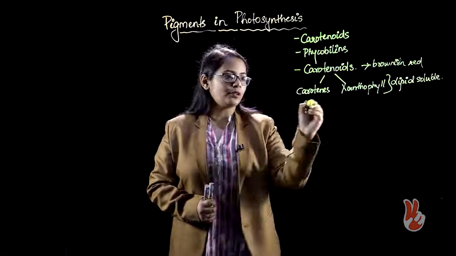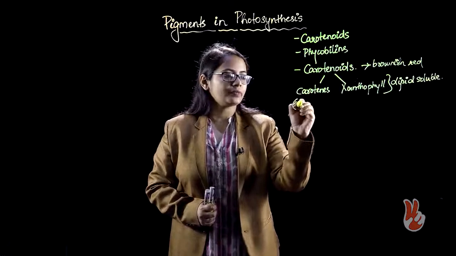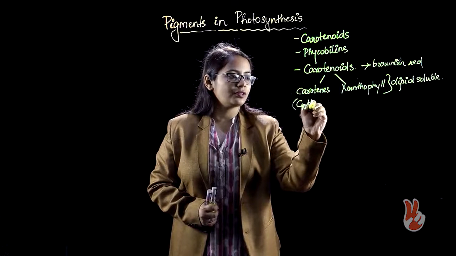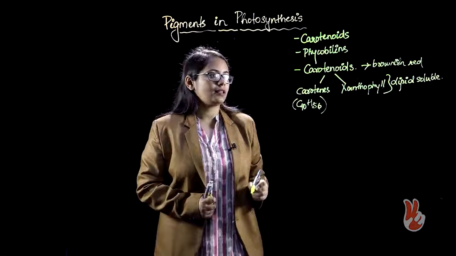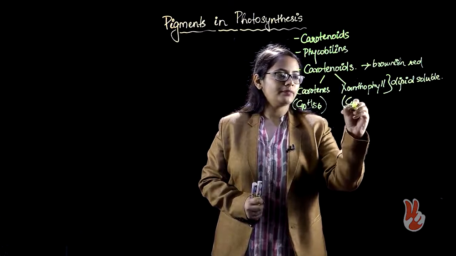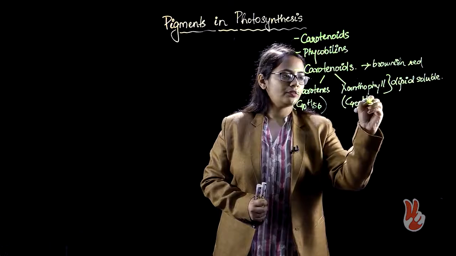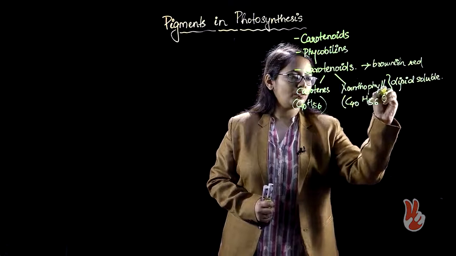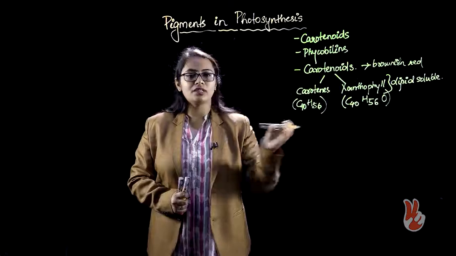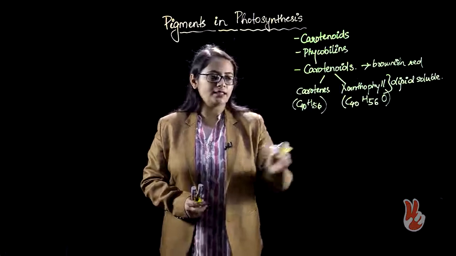The general formula of carotene is C40H56 and that of xanthophyll is C40H56O. So we can see that the xanthophyll is an oxygen derivative of carotenes.